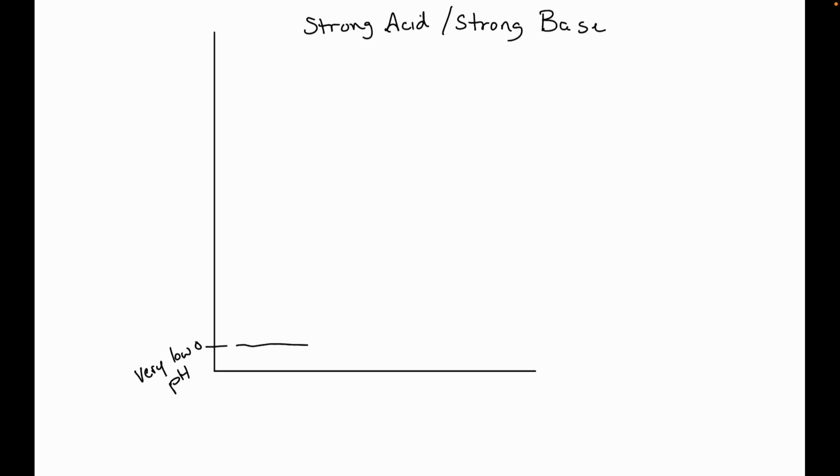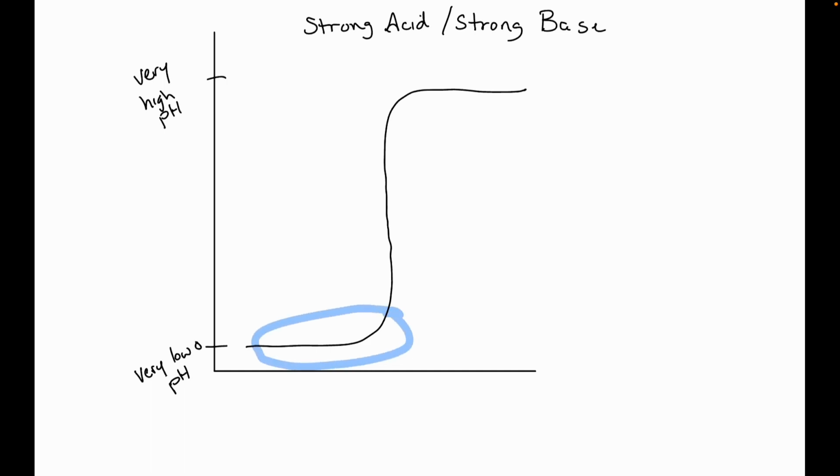And then it remains relatively flat before all of a sudden shooting up and then leveling off again. All right? And it levels off at, of course, a very high pH, because then we're left with just strong base. Right? So in this region here, our strategy for calculating this is excess of strong acid. Our region at the end is then an excess of strong base.